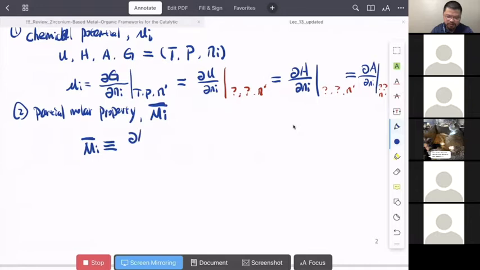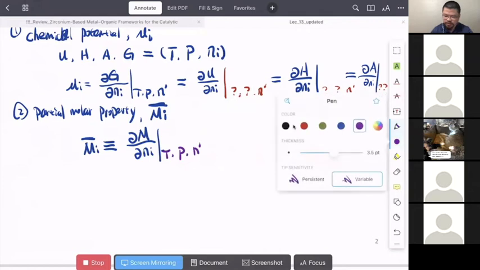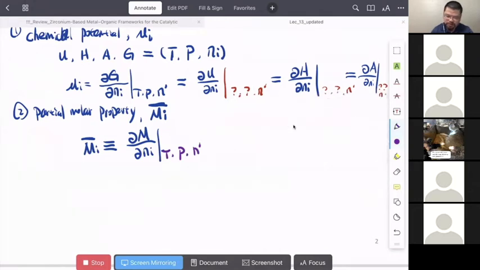So the property itself with respect to the component i, if this is i, then i, if j, this is j. Then we are going to keep temperature, pressure, and other components fixed. So those fixed quantities are defined. No way to change. Okay, so you have to satisfy this definition in order to call this a partial molar property.